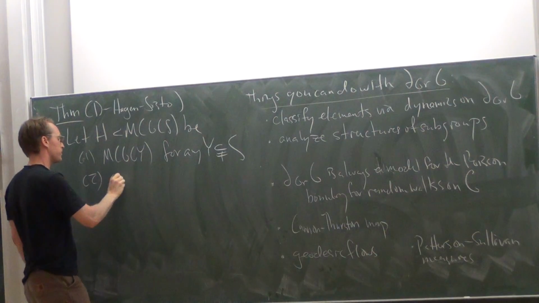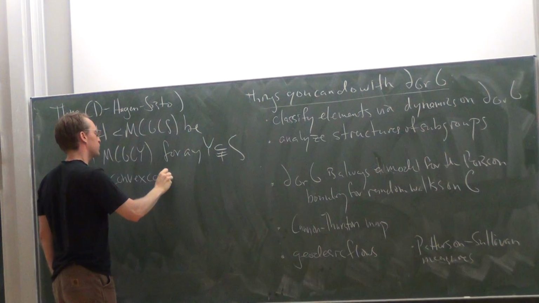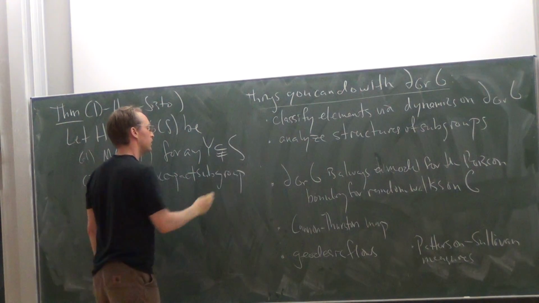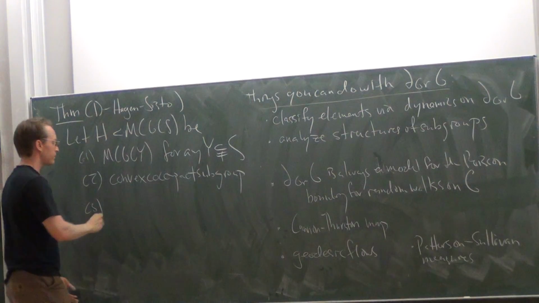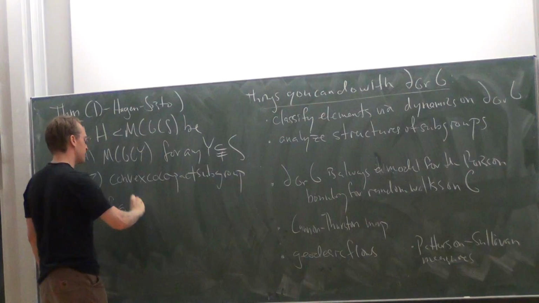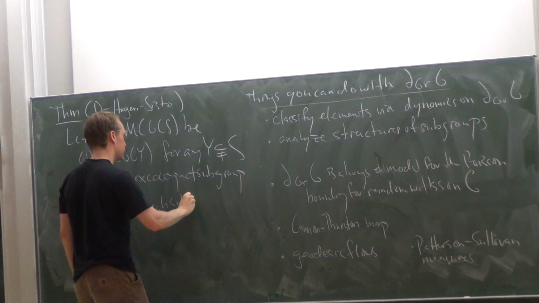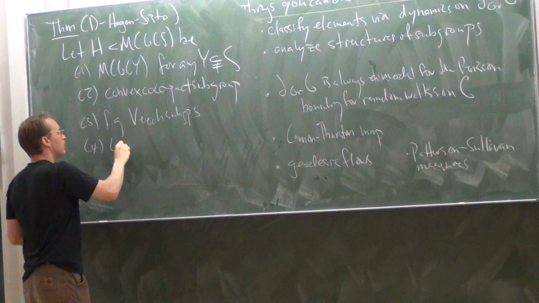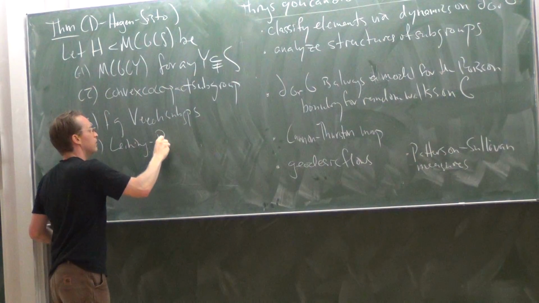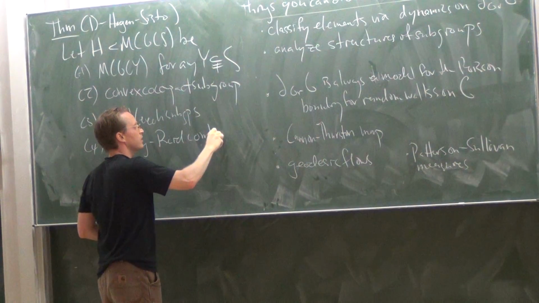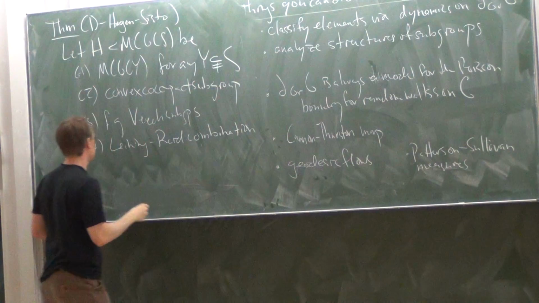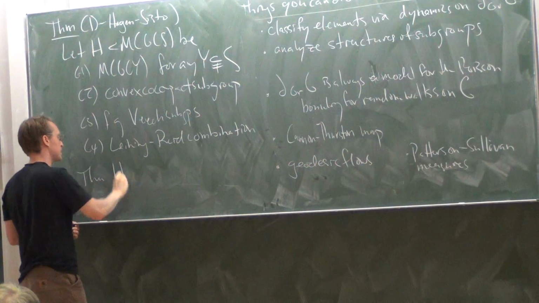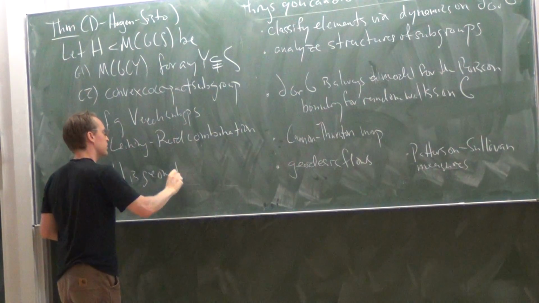Two, so-called convex cocompact subgroups. Three, finitely generated Veech subgroups. And four, laminar, or rather, combination subgroups of these Veech subgroups. And the conclusion is that H is geometrically finite.